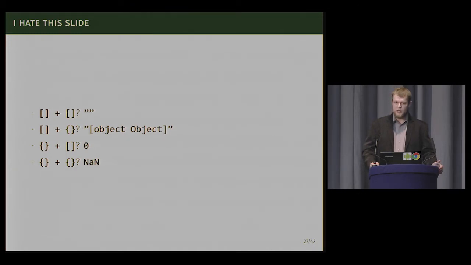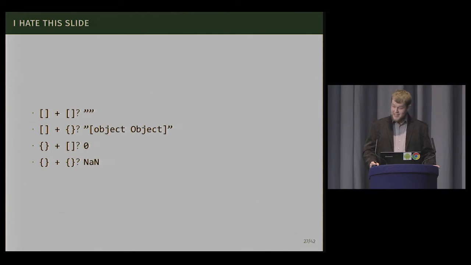But what about the third one? It's an empty object plus an empty array. It's not number addition, because empty object should give us a NaN, so the entire result would be NaN. It's not string concatenation, because, well, the result is not a string. So what is it? Well, this plus is actually not a binary plus. It's a unary plus.